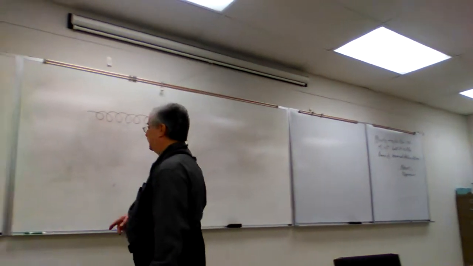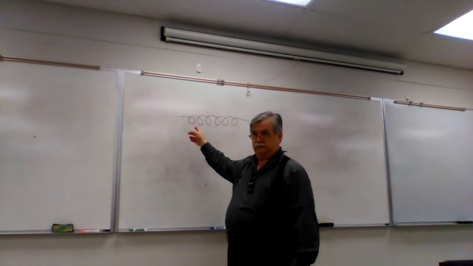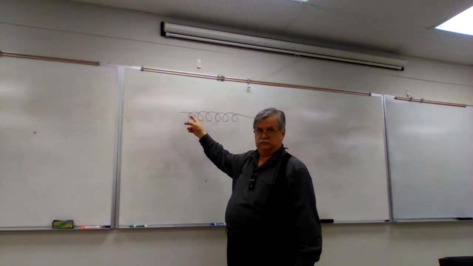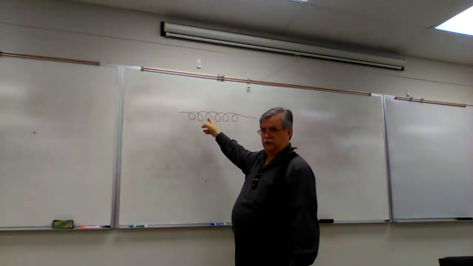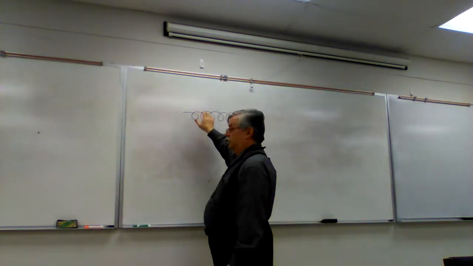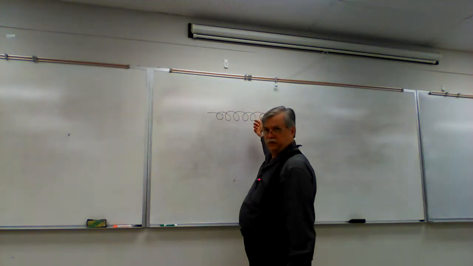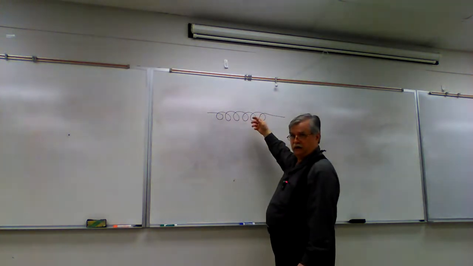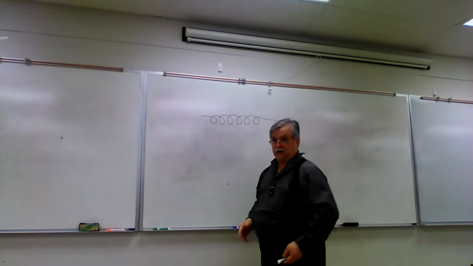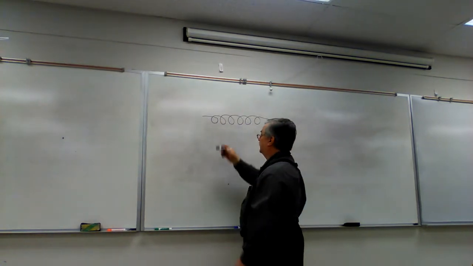What happens when you start putting a current through this coil? As the current starts to increase, the charges start to move. Every one of these little coils starts building up and adding to a magnetic field that becomes a magnetic field like a bar magnet.